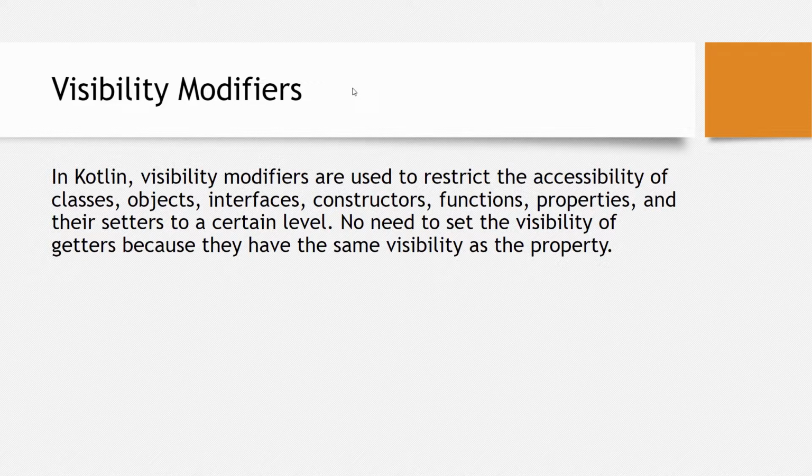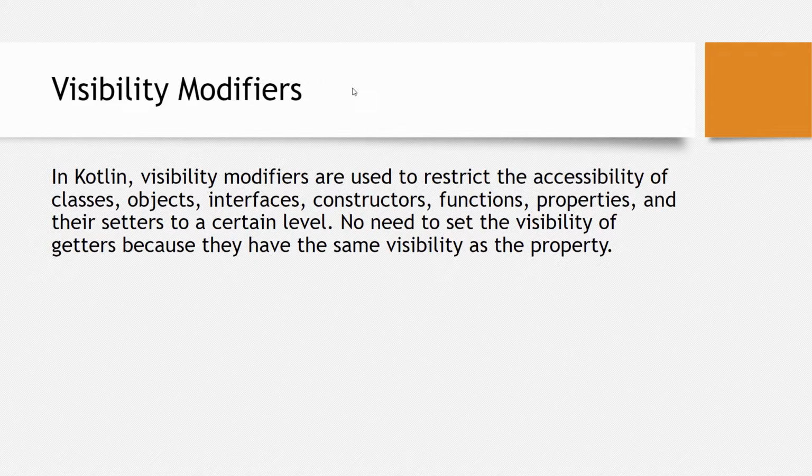So what are visibility modifiers? You have some properties, classes, objects, interfaces, variables, functions. You have many things. Assume you don't want to give it to every class. So you have an object or a variable in a class, and you want to restrict its permissions or its usage to a certain level. So what you do is you set a visibility modifier.